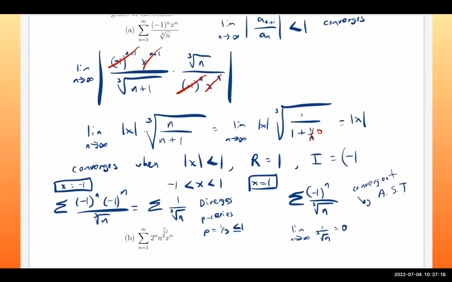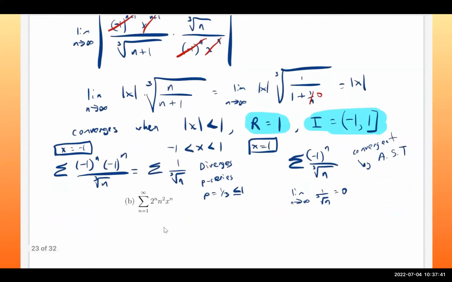Therefore, it's divergent at -1, so it's not part of the interval. It's exclusive on the left end, and on the right end it is inclusive because it is convergent. So that is your interval of convergence, and here's your radius of convergence. That's the final answer.